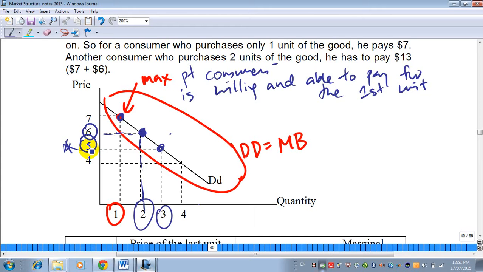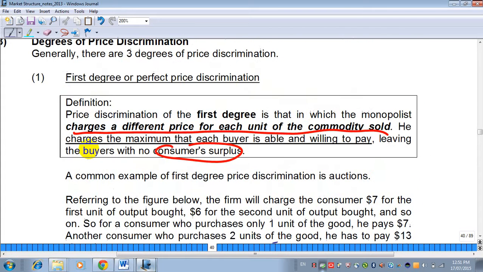Now think about it. The producer knows everything, every price that you're willing and able to pay for each and every unit of output, and he charges you accordingly. You are left with no consumer surplus for each and every unit of the good that you consume. And that is the case of first degree price discrimination, boys and girls.